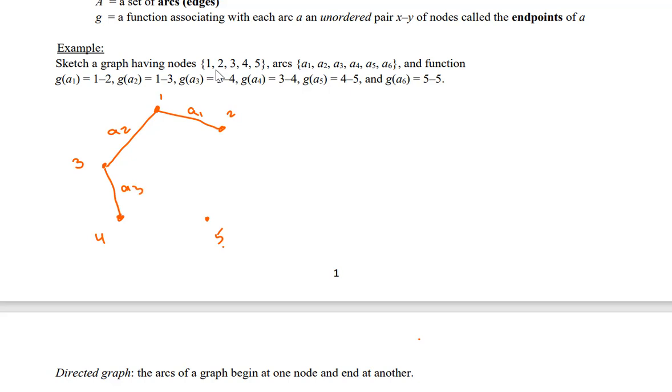And another, A4, which is 3 to 4, so we call them parallel arcs. A5 is 4 to 5, and A6 is 5 to 5. That means you have a loop. So this is how we draw a graph based on this information.